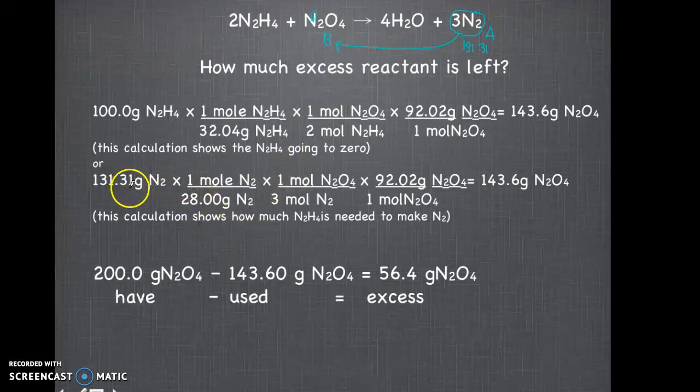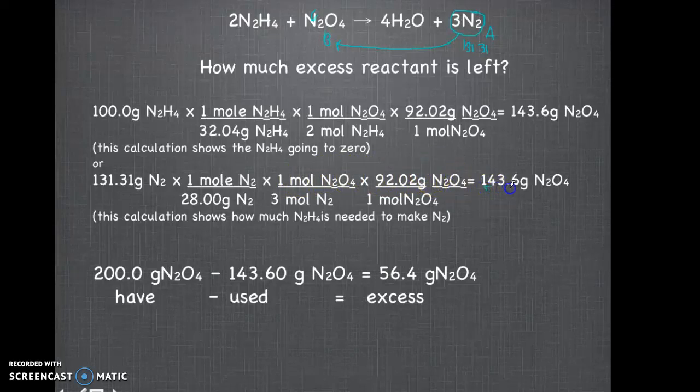If you look through your calculations here using stoichiometry, we have 131 grams of N2, and theoretically this is how much could get made total, and we're just seeing at the very end how many grams of N2O4 we actually need for that amount of N2 to get made. So we start here, switch it out to moles, do the mole-to-mole switch in stoichiometry, and then go to grams of N2O4.